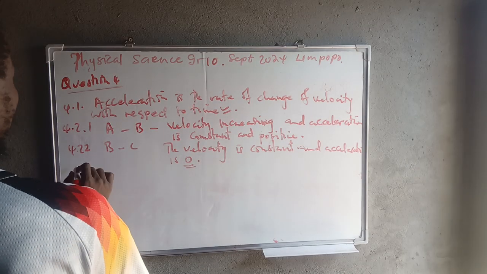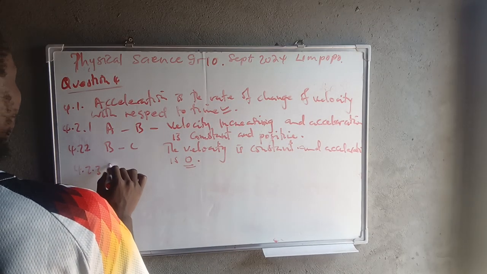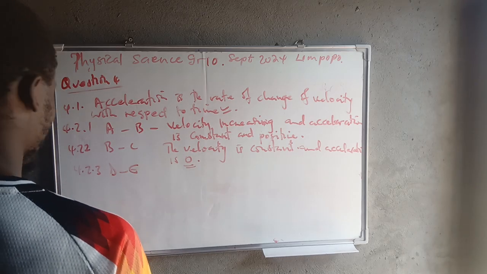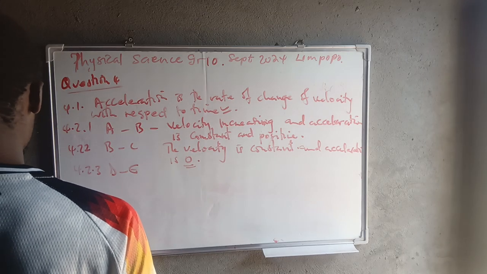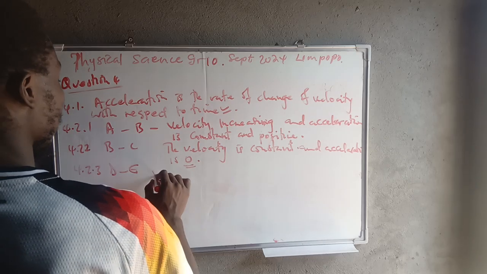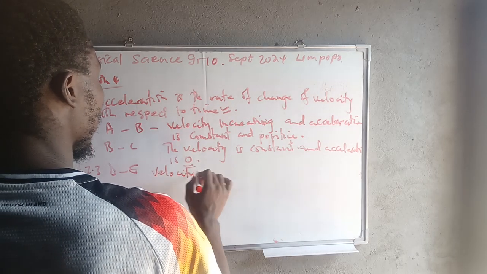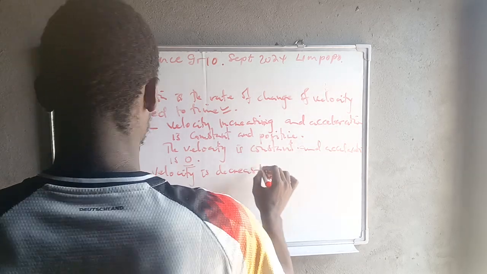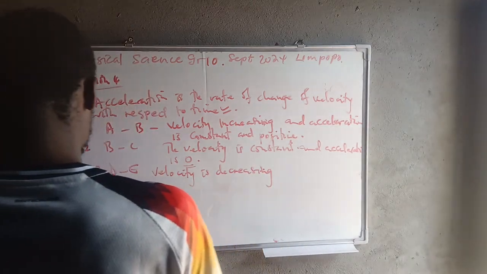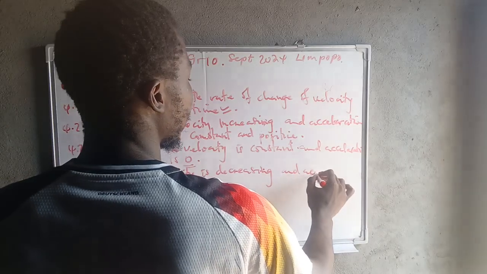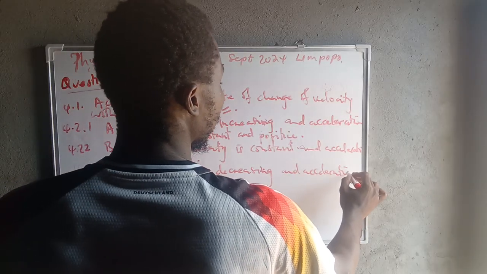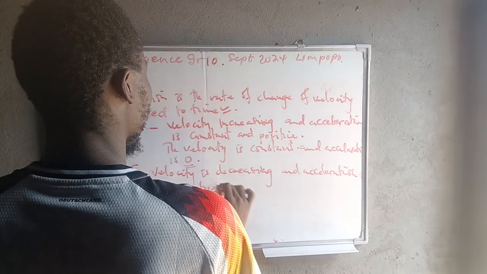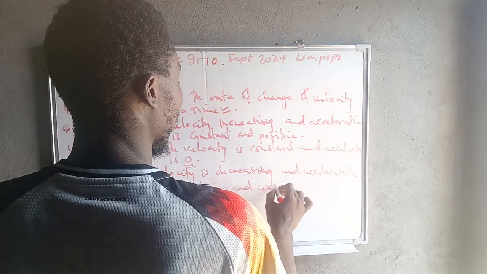Then D to E, that's 4.23. From the diagram that we drew earlier, the velocity is decreasing and acceleration is negative and constant.